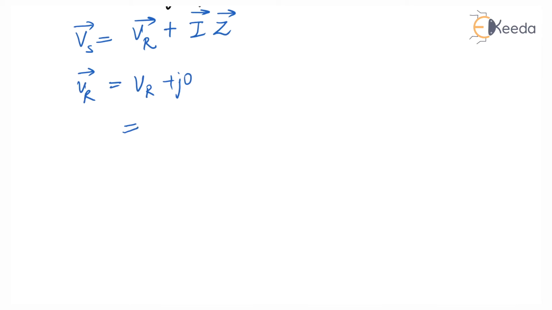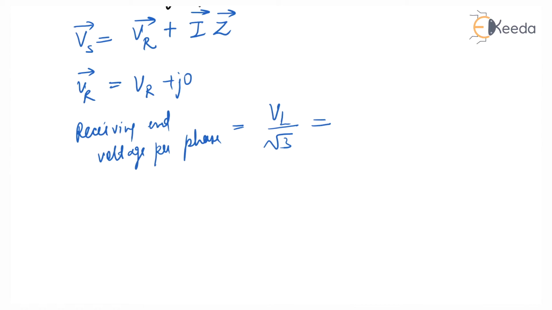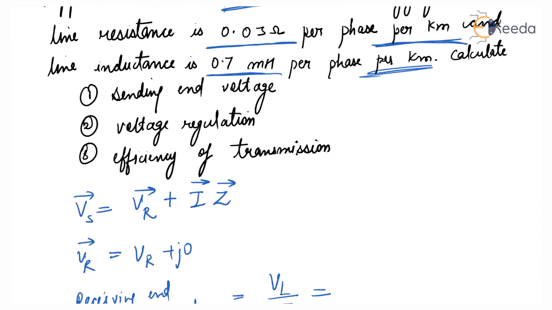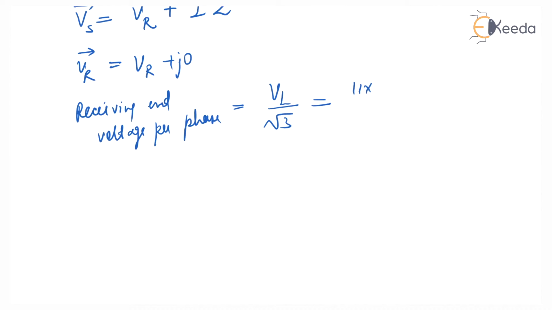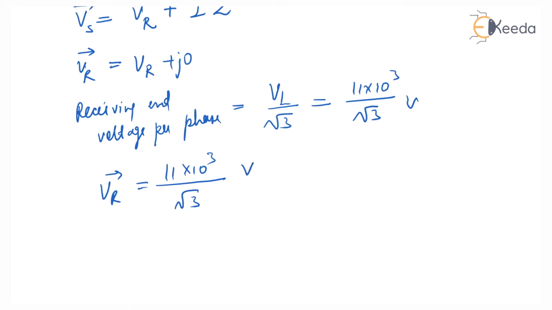The receiving end voltage per phase is VL by root 3, that is 11 into 10 to the power 3 by root 3. So vector Vr is equal to 11 into 10 to the power 3 by root 3 volt.